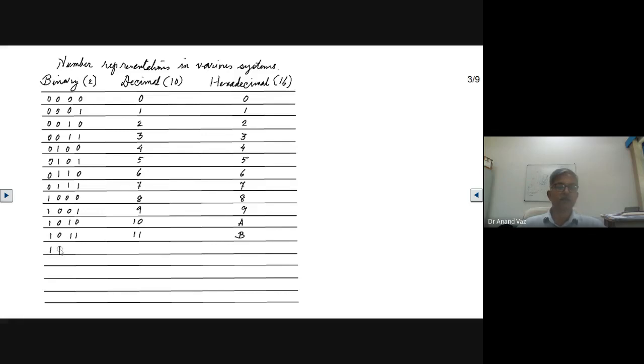1, 1, 0, 0. This is 12. This is C. Then 1, 1, 0, 1. This is 13.